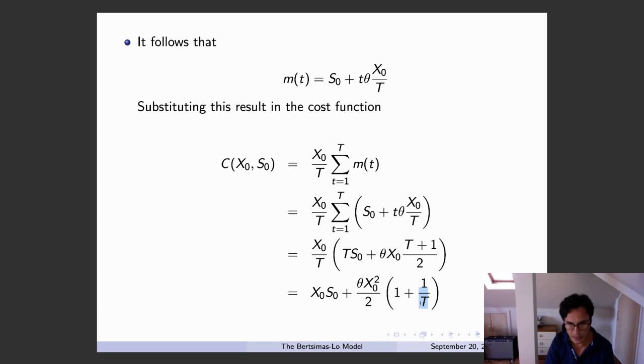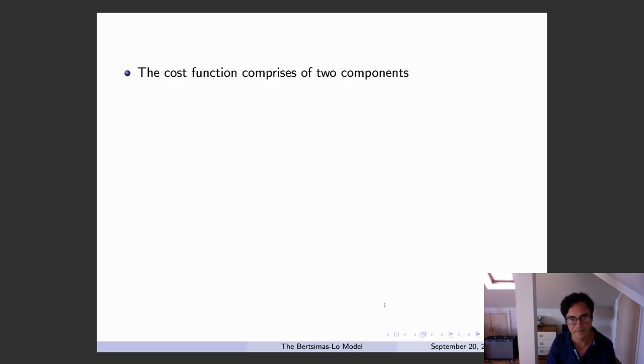We can take the limit for T going to infinity, so really delta t goes to 0 for a fixed time horizon in calendar time. So we do an infinite number of executions over a fixed period of time. We'll see that the impact will converge to this second component: the price you paid anyway, plus some quadratic amount that you will have to pay.